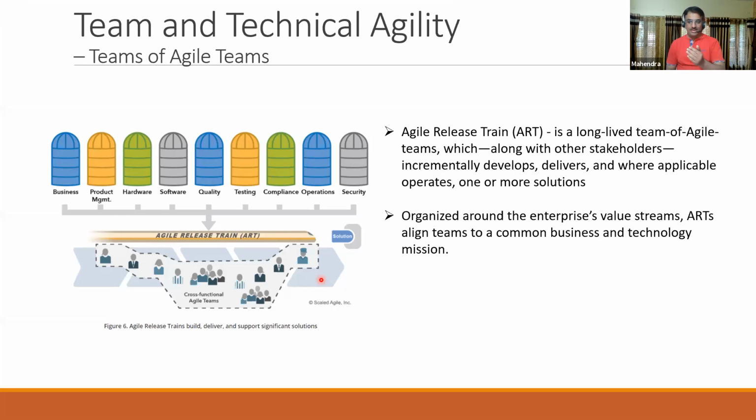But they belong to a particular value stream. That's how it works. We are not telling that we'll take away the hierarchy and dismantle the whole thing. No, that's not what we are telling here. The team members and the teams which are catering to a particular value stream belong to this value stream. However, the reporting structure could still be with their respective functional organizations.